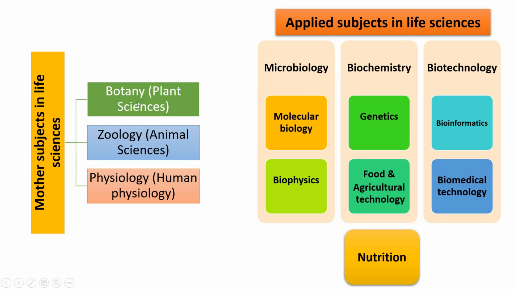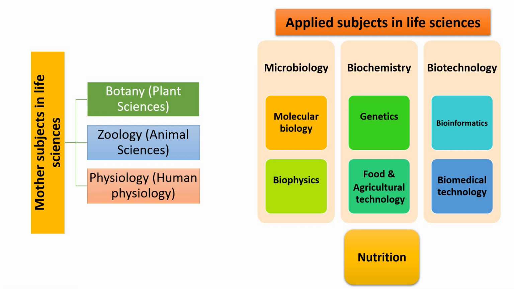Because if you choose these basic life science subjects in the undergraduate, then you can shift to any of these applied subjects in your masters. So from the basic life science subjects like botany, zoology and physiology, you can shift to any of these applied sciences during your masters. So this is the best option if you don't have any focused plan for your future.